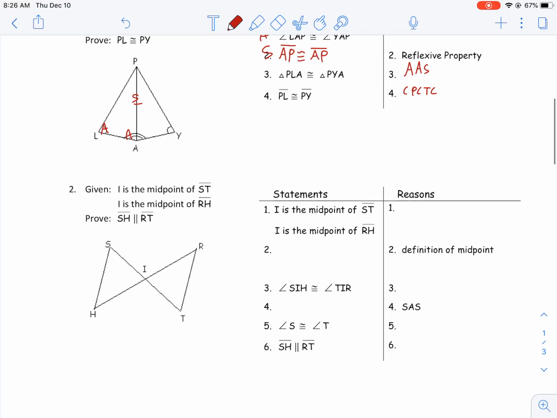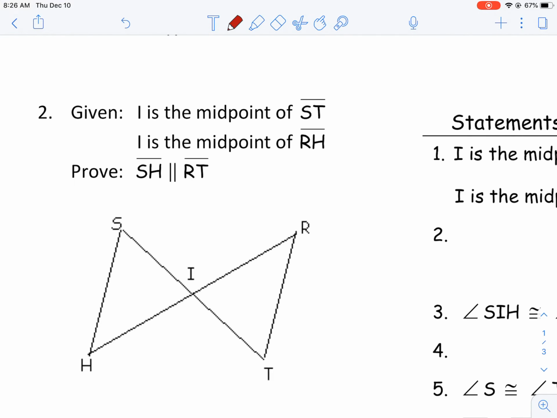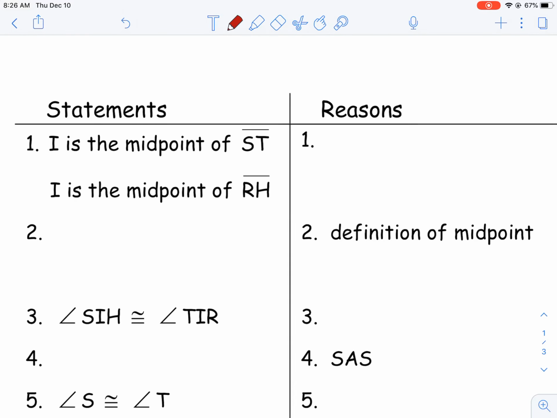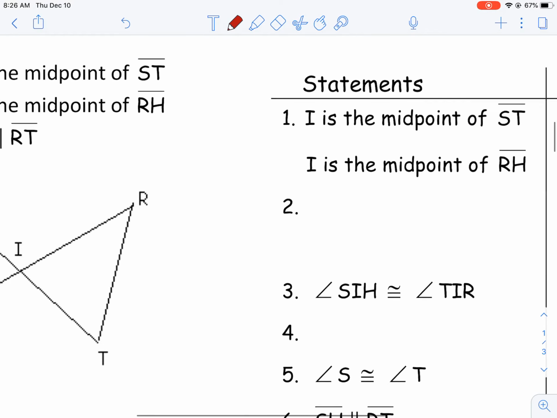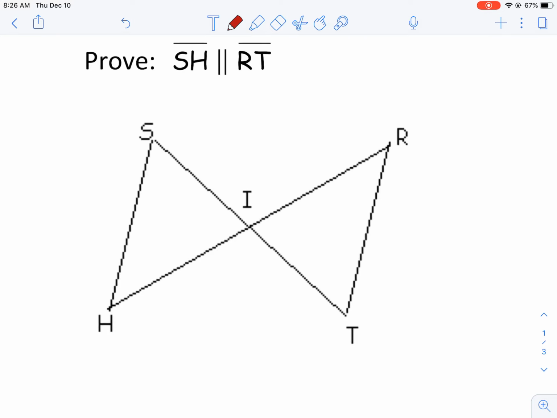So let's do another one, all right? For this one, all we're given is that I is the midpoint of ST and I is the midpoint of RH, okay? So, reasons given, all right? Now, because I is the midpoint of those two things, now we know some stuff, right?